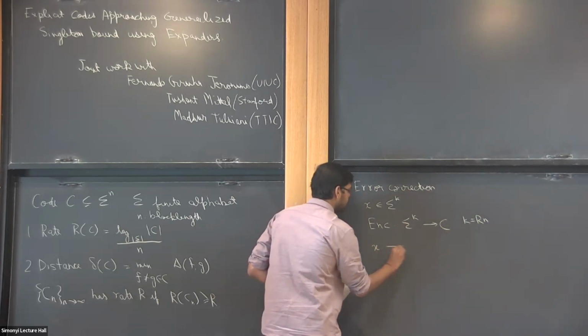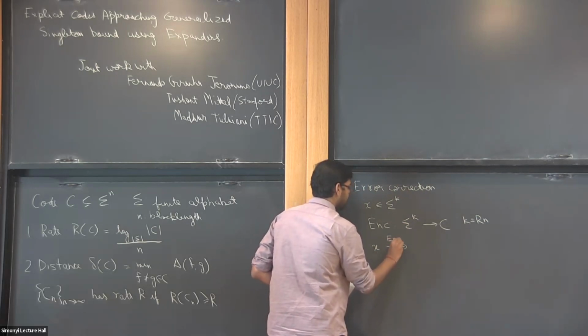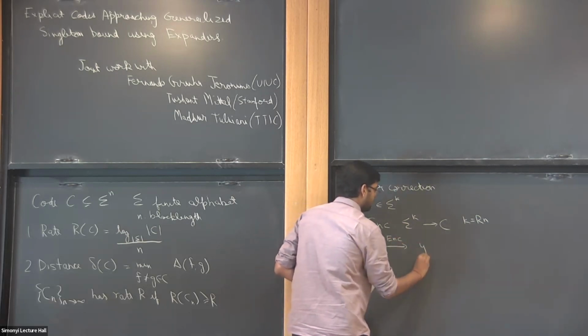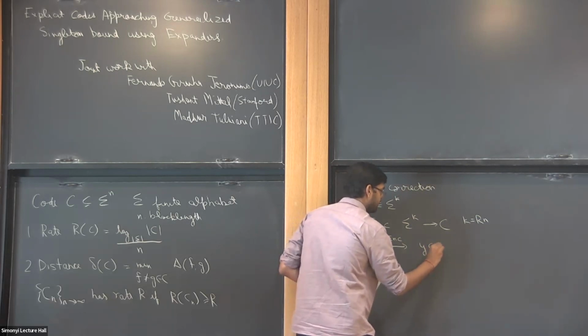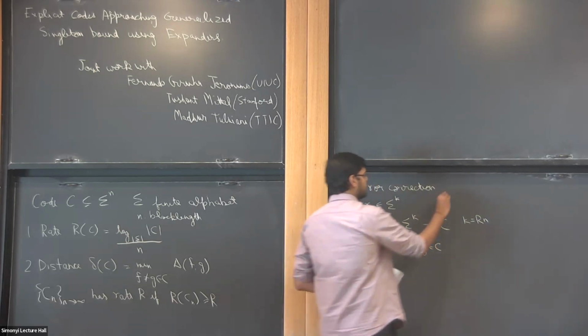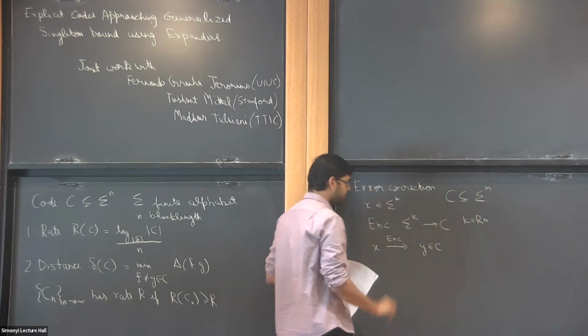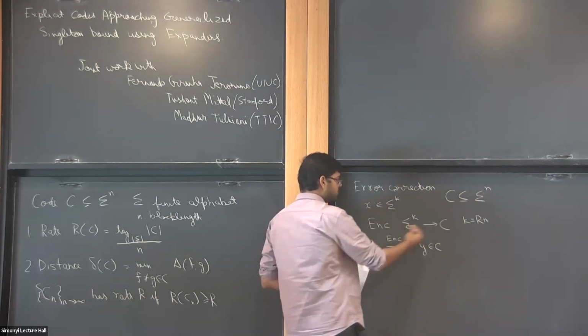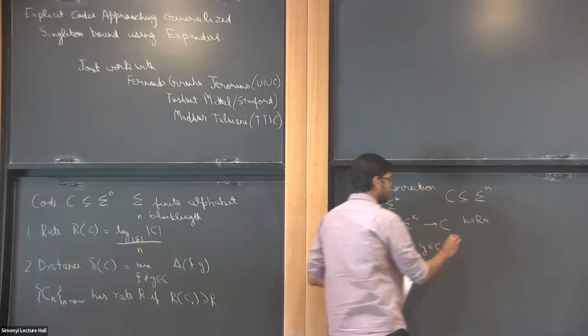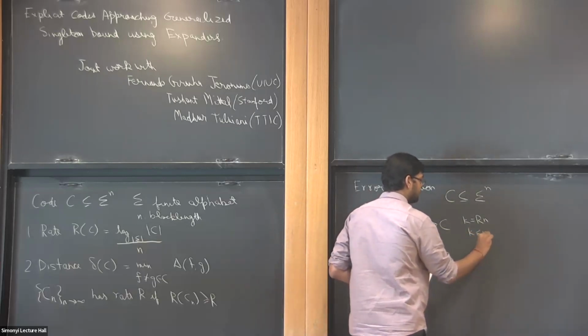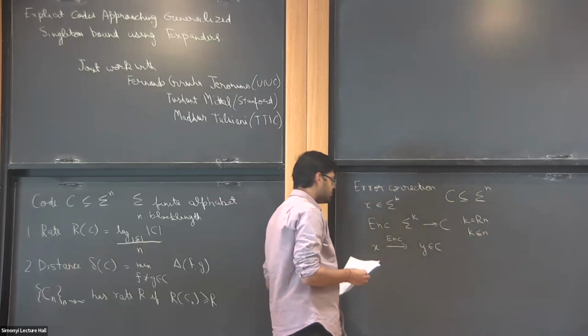So this x is mapped via this map to a y which belongs to C. And C, remember, was a subset of sigma to the n. So if this bijection is happening, then it must also be the case that k is less than or equal to n, that n is larger.